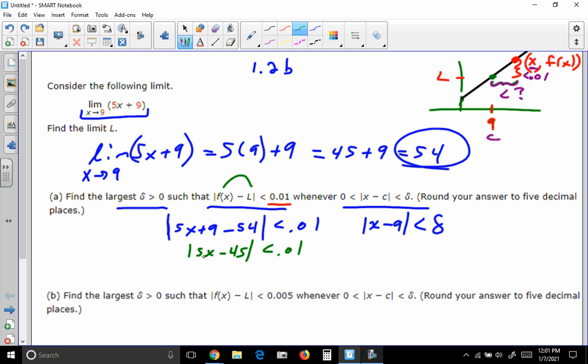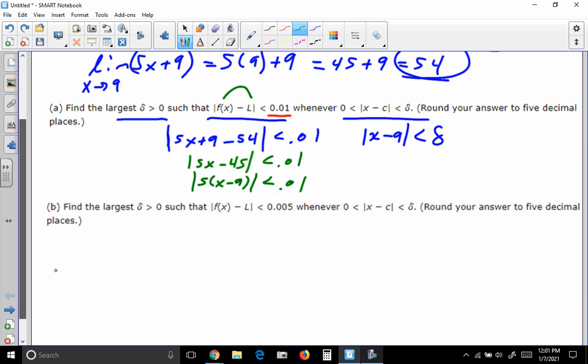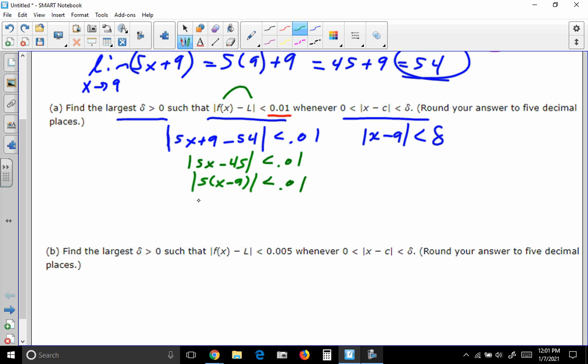We can factor a 5 out. And it turns out with absolute values that if we have a product on the inside, we can take the absolute value of each piece. We can take the absolute value of 5 times the absolute value of x minus 9. Things that are added and subtracted don't work that way, but with a product and a quotient, we can take the absolute value of each factor.